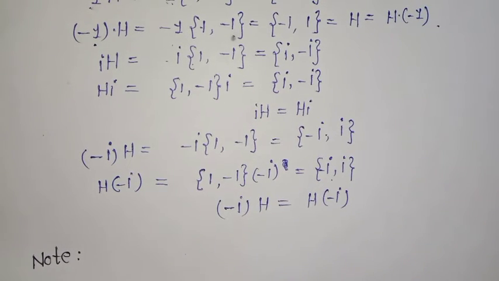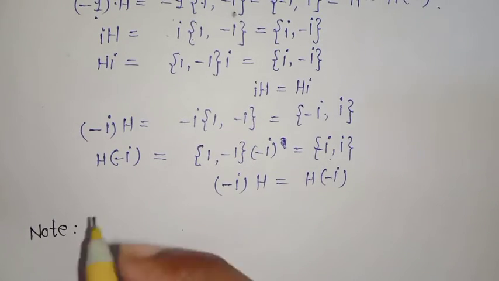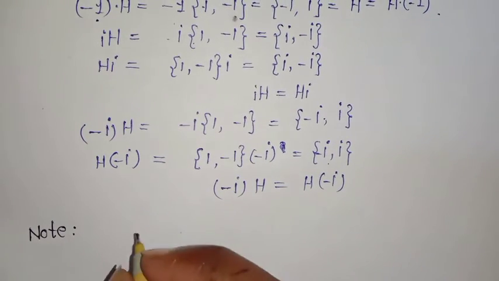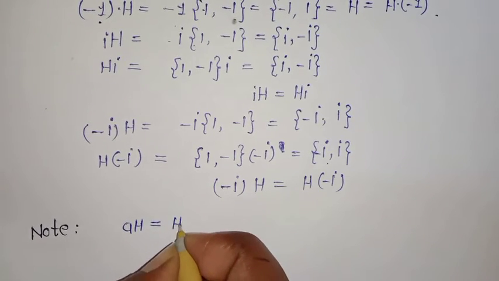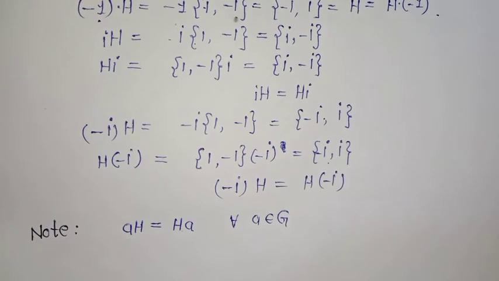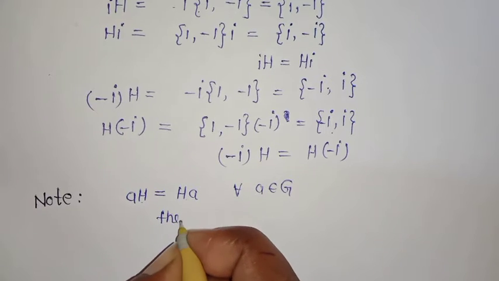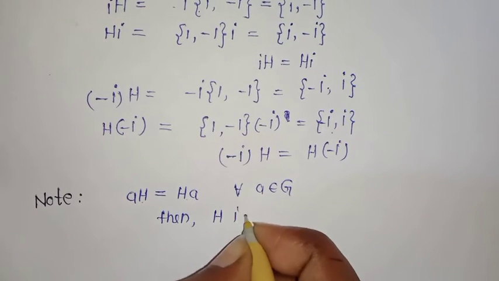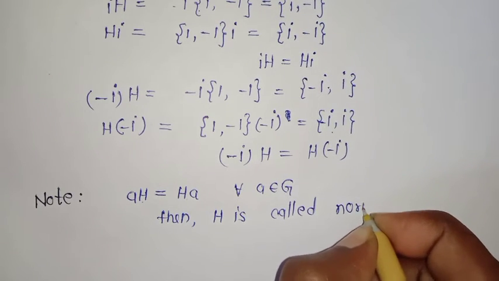In our next lecture I will discuss this topic also, but for now I want to tell you that this is very important, so you should always remember it. The note point is that if AH is equal to HA, and this is true for all A belonging to G, then H is called a normal subgroup of G.